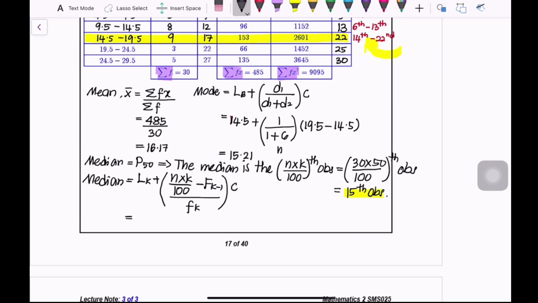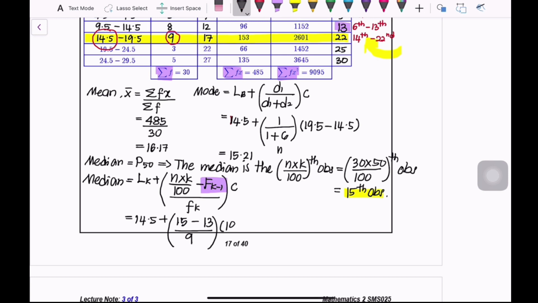Substitute: Lk, the lower boundary for the median class, is 14.5, plus n times k over 100 is equal to 15, minus fk minus 1, the cumulative frequency before the median class, is 13, over the frequency for the median class, which is 9, times c.